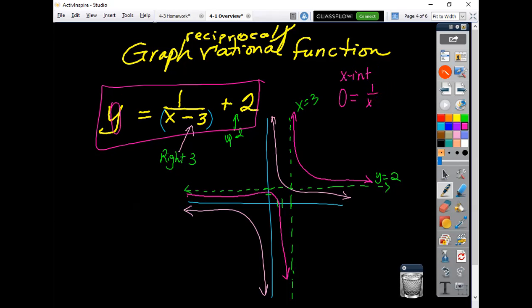And I have 1 over x minus 3 plus 2. So I'd subtract this 2 to the other side. Multiply both sides by the x minus 3 to get it out of the denominator. This is just one method, you might have another one. Negative 2x plus 6 then equals 1.